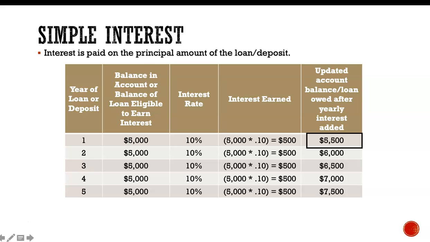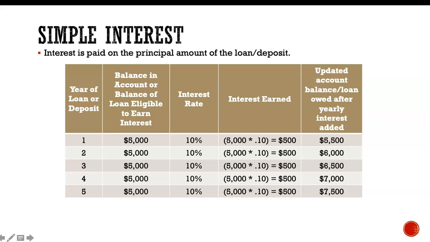Now we move on to year 2. Pay close attention that the balance eligible to earn interest is the original amount or principal of $5,000. With the same interest rate, the same amount of interest is earned in year 2. That amount is added to the previous year's ending balance of $5,500 to give a new ending balance of $6,000.